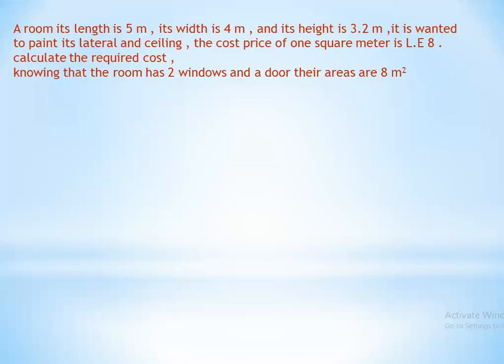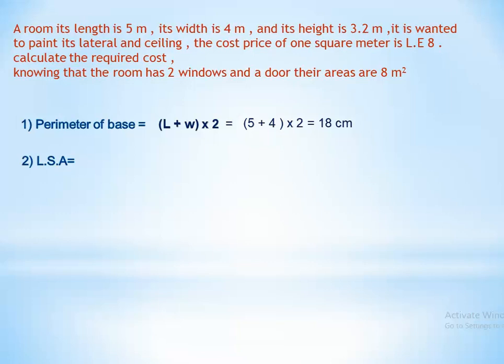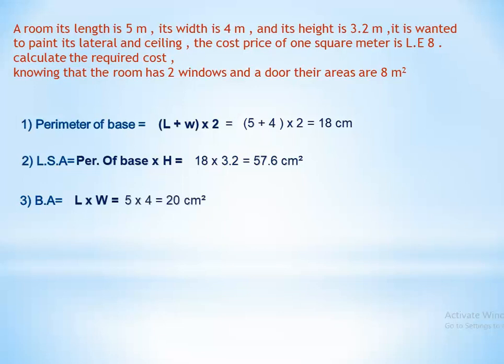Let's see how to calculate this example. First step, perimeter of base, length plus width by 2, 5 plus 4 by 2 equals 18 meters. LSA equals perimeter by height, it will be 18 by 3.2 equals 57.6 square meters. Then base area, length by width, 5 by 4 equals 20. TSA equals LSA plus base area.